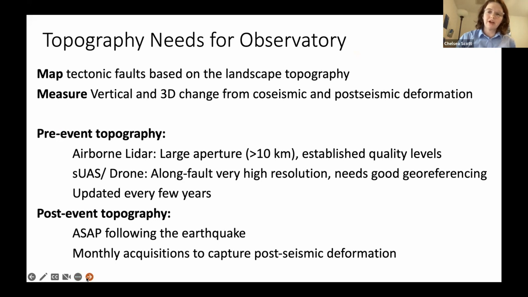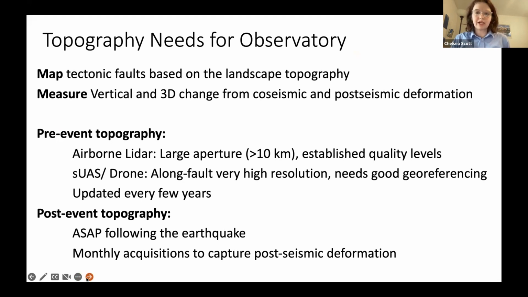And I showed you a variety of applications of that work. And so for doing topographic differencing, there are several important needs. For the pre-event topography, we need to have airborne LiDAR, ideally with a fairly large aperture to capture slip in the deeper portions of the seismogenic zone.